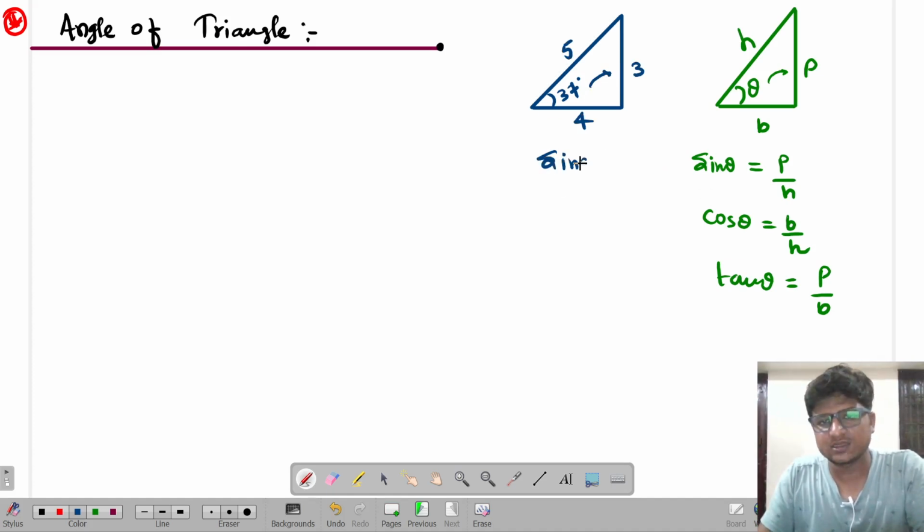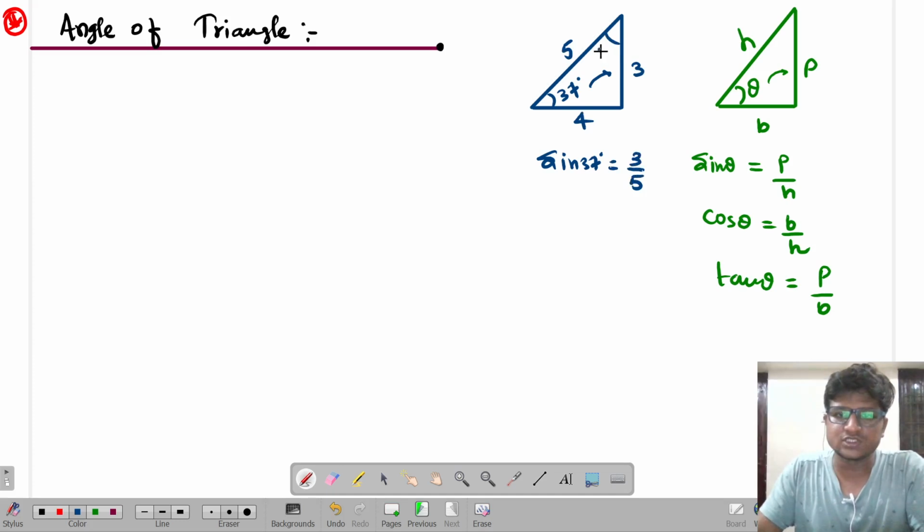If I write sine 37, it is perpendicular by hypotenuse, so it is 3 by 5. Opposite of 37 is always considered as 53. Are you able to get me or not? Remember, the idea is clear: opposite of theta is perpendicular. So for 53, the opposite is 4 over here.